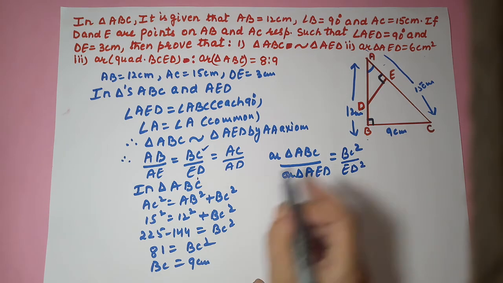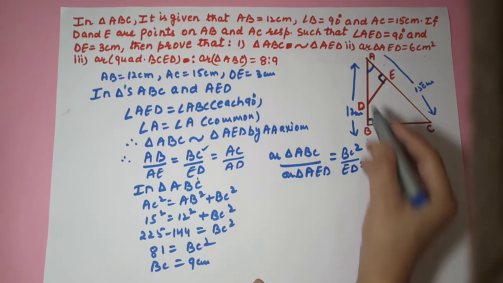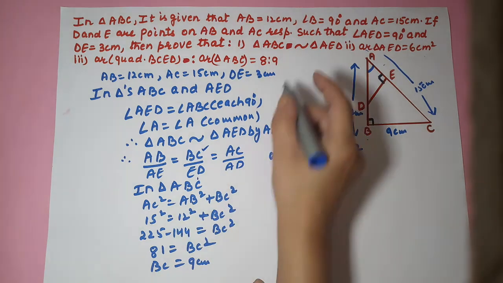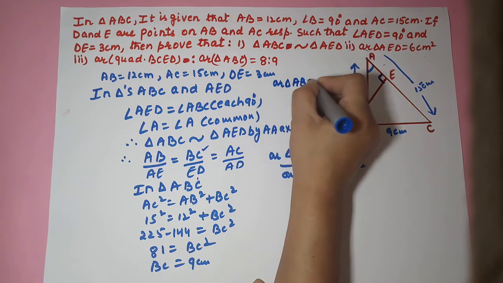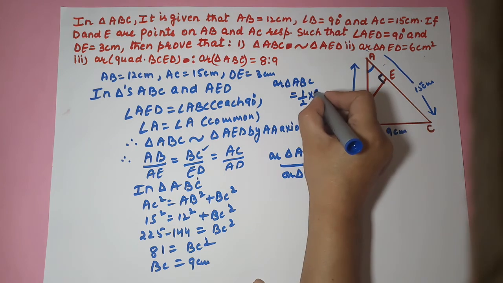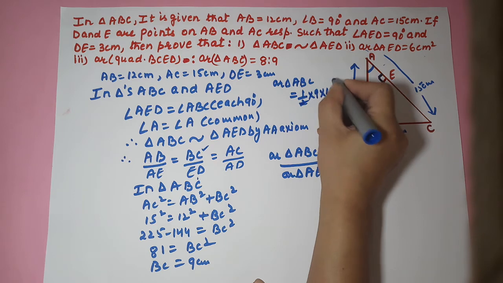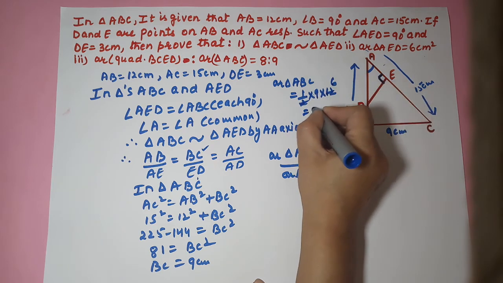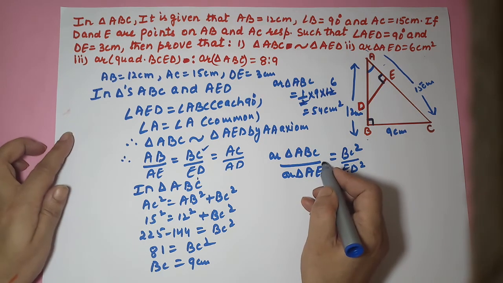But before that, I have to calculate the area of triangle ABC. So how do I calculate? I have all the measurements here. So I will write area of triangle ABC is equal to half into base 9 into height 12. 2 6s are 12, 9 6s are 54 centimeter square. I got the area of ABC, right?